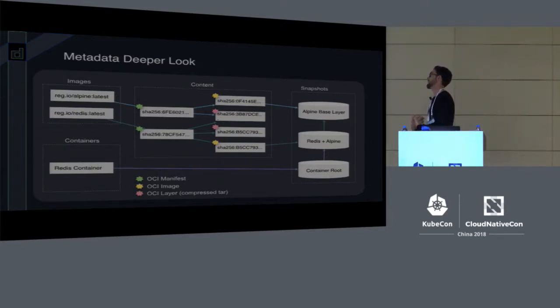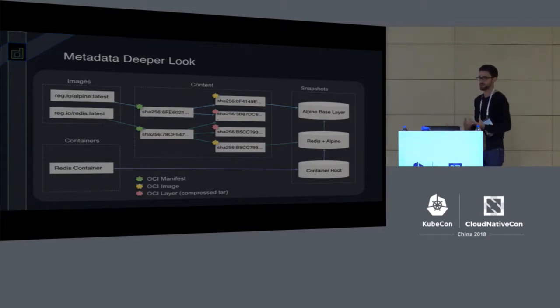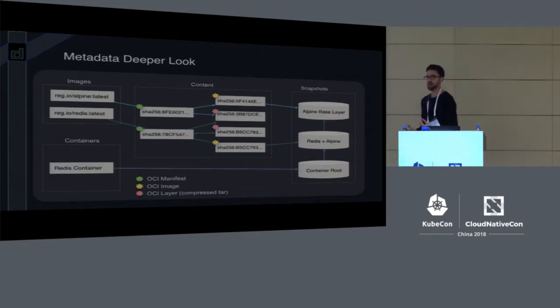In containerd, we decided we need a way to track all of this data, which could potentially get large. A problem people often have with Docker is that after using it for a while, their disk starts to fill up. We've added some things within Docker, like pruning, that can help reduce that usage.